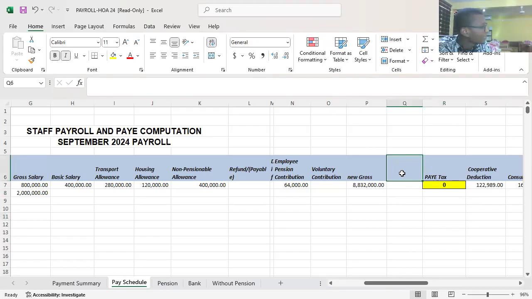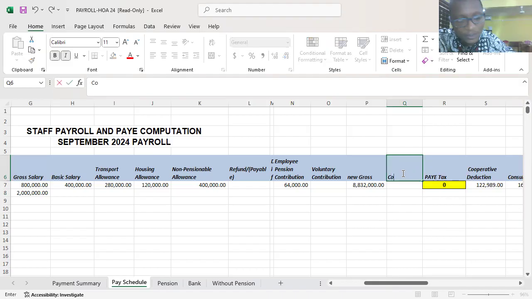The next thing to calculate is my consolidated relief fund. 200,000 or 1% on the new gross, plus 20%. So I will say consolidated relief, CRF, is going to be equals to 200,000.